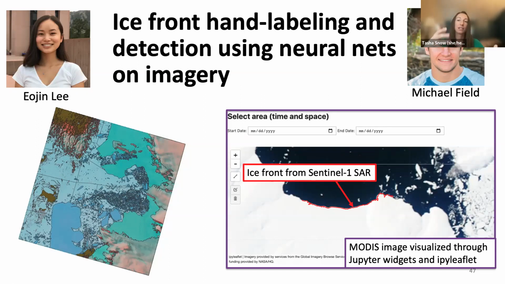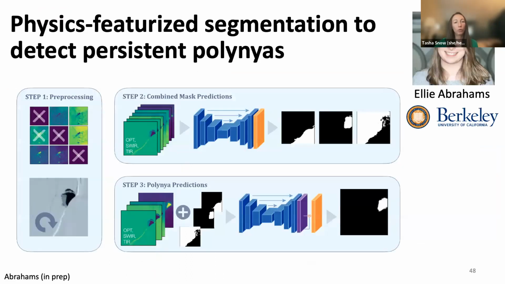And that detection of the ice front can then be filtered into the physics-featurized segmenter that is being designed by Ellie Abrams. Ellie is a PhD student at Berkeley. She's a statistician and data scientist, and she's built this algorithm that incorporates the physics into the model in a way that makes sure the model is taking into account the fact that we know some of the physics of this.